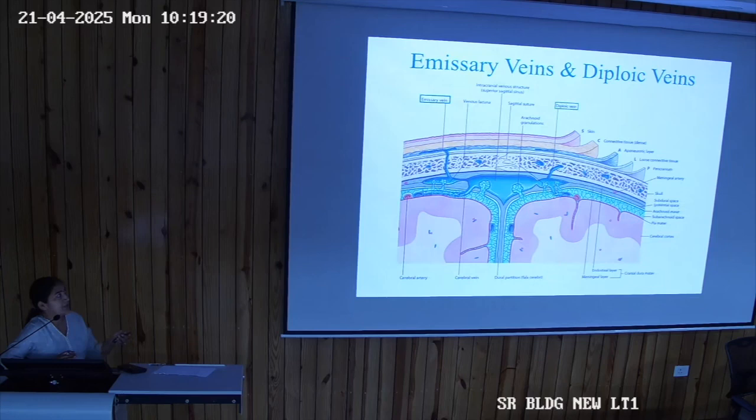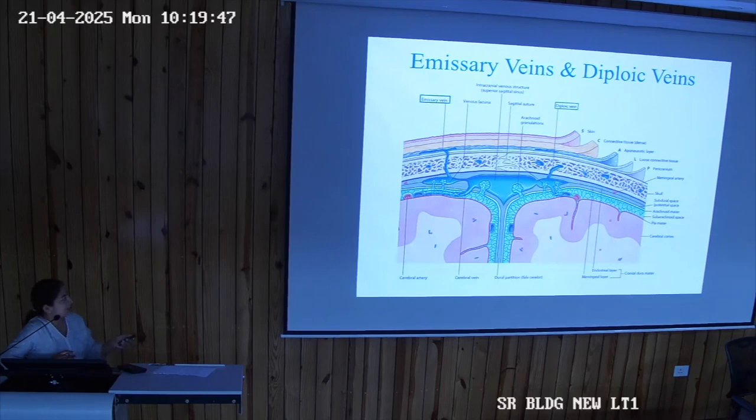Next are the diploic veins. What is diploe? Diploe is the two layers of the skull. There is the outer table of the skull and the inner table of the skull, and between these two tables lies a vein which is called a diploic vein. We can identify them here. These are the diploic veins present between the outer table and the inner table of the skull.